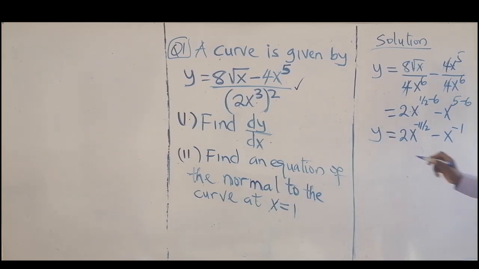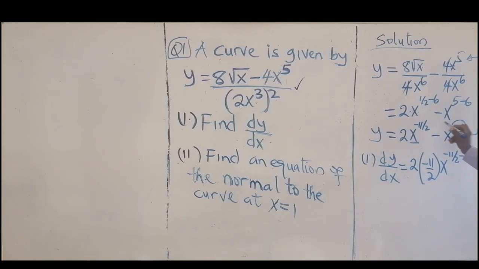Then we can now go to dy/dx. So all these are preliminary, the first thing we have to do, which I call the algebra, before we do dy/dx. So this will become 2 times minus 11 over 2. The power will go to the front. Then this expression, minus 11 over 2 minus 1. Here also the power will come to the front.